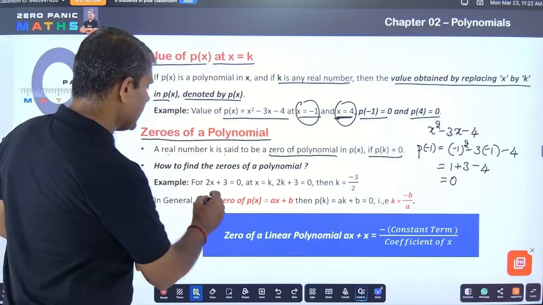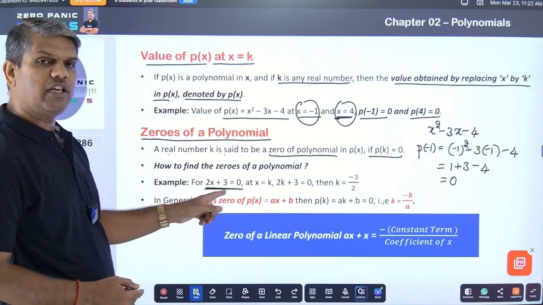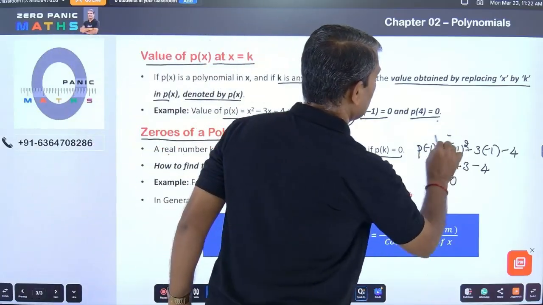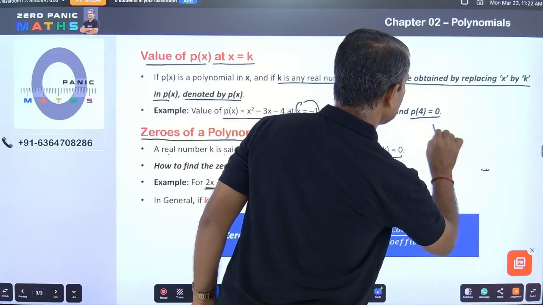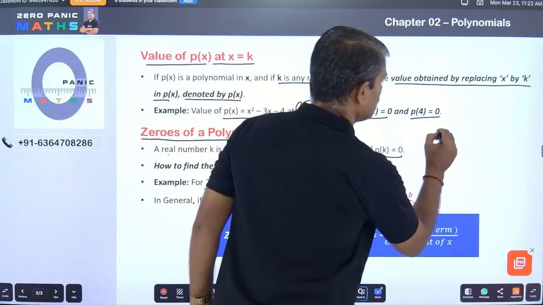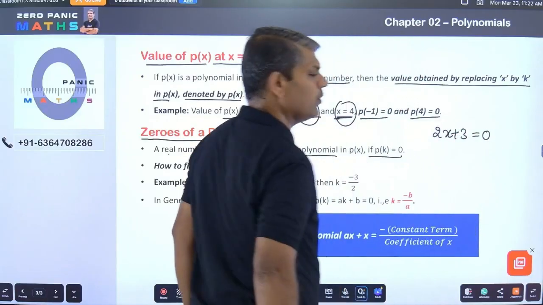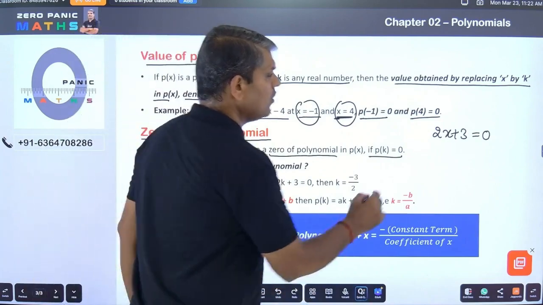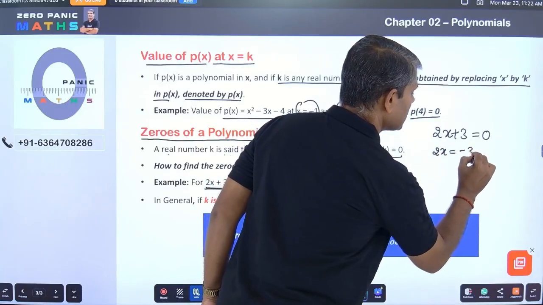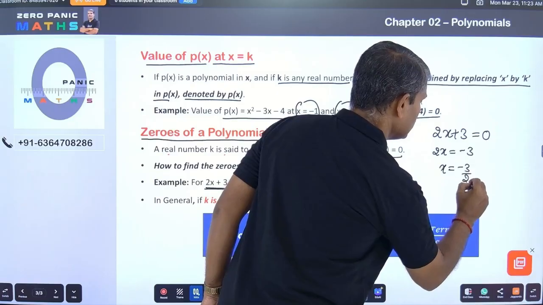Let me give you an example of a linear polynomial, 2x plus 3. Let us check how to find its zero. Take 2x plus 3 and equate it to 0. Now solve this equation. 2x is equal to minus 3. Then what is x? Minus 3 by 2.